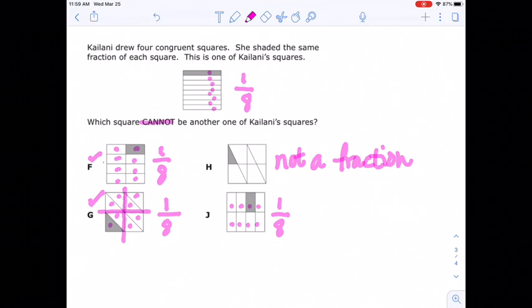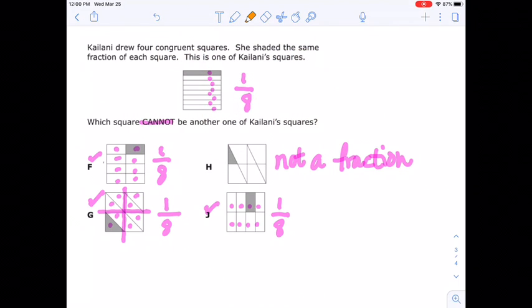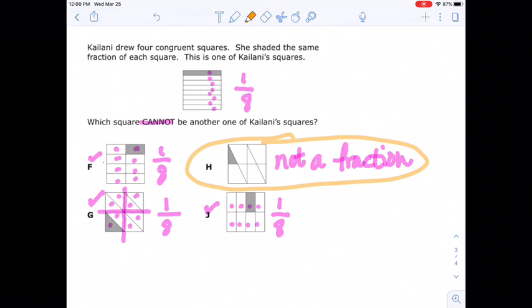So it also represents 1/8. That's what we were looking for, the other one that did represent 1/8, because now we know which one does not represent 1/8 is H, because this part is not 1 out of 8 equal parts.